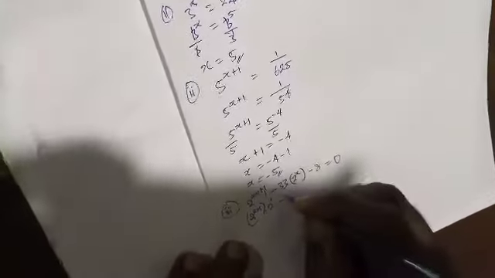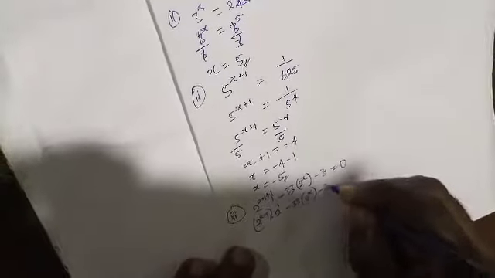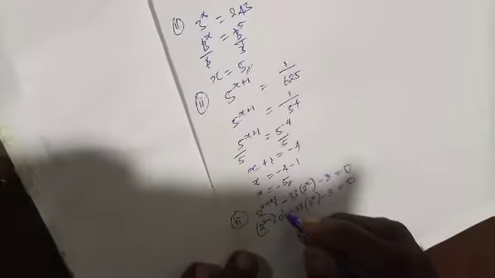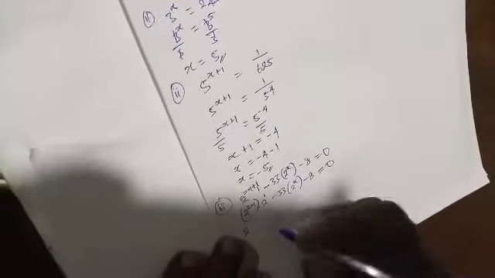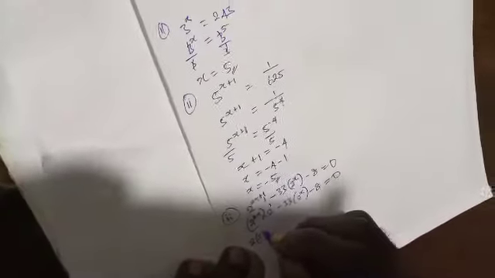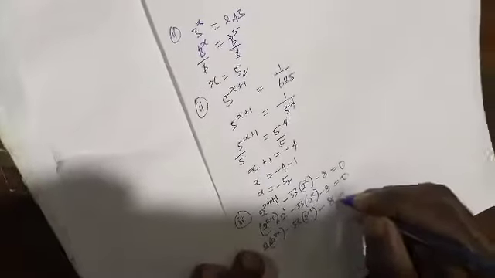Then minus 33 into 2 raised to the power of x minus 8 equals 0. Since 2 raised to the power of 1 is the same as 2, it now becomes 2 into 2 raised to the power of 2x minus 33 into 2 raised to the power of x minus 8 is equal to 0.